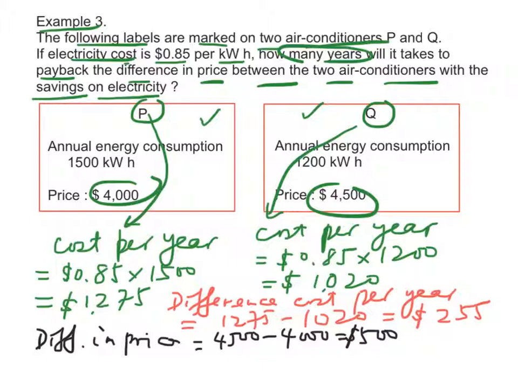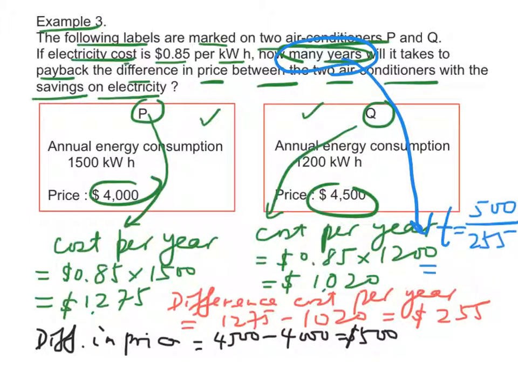Therefore, the time needed to compensate is T equal to 500 over 255, equal to 1.96 years.